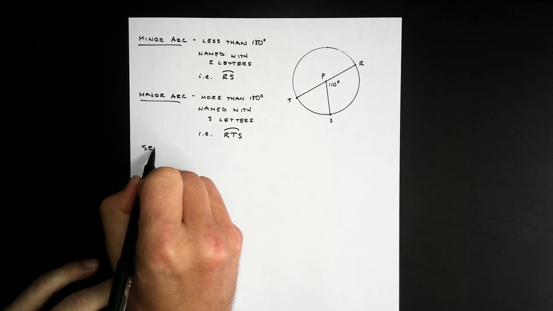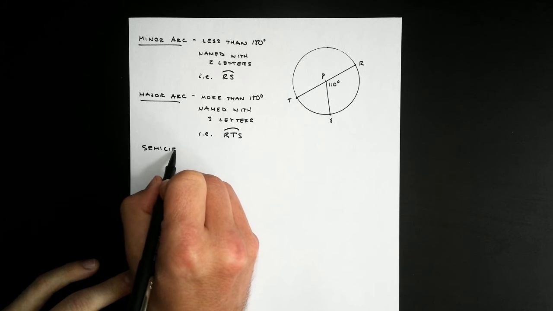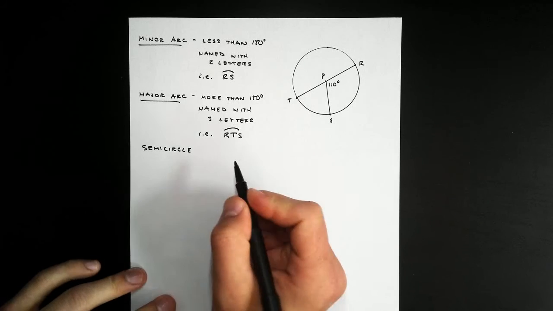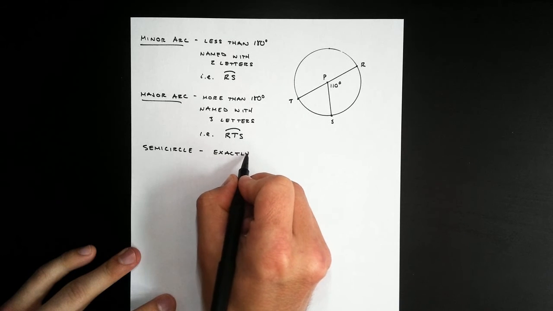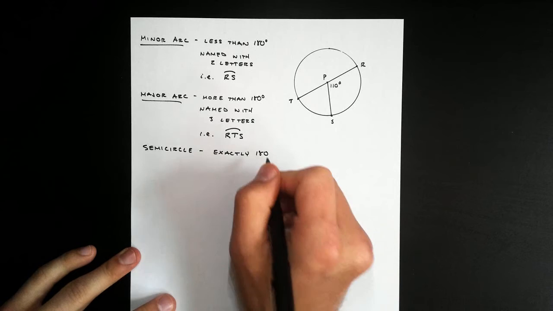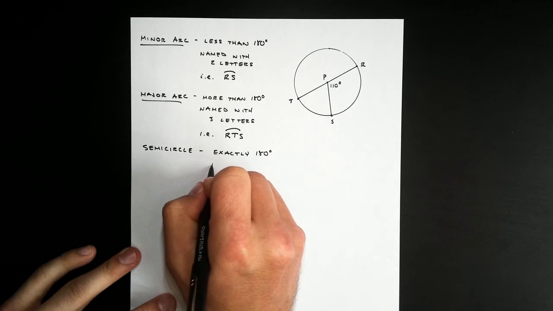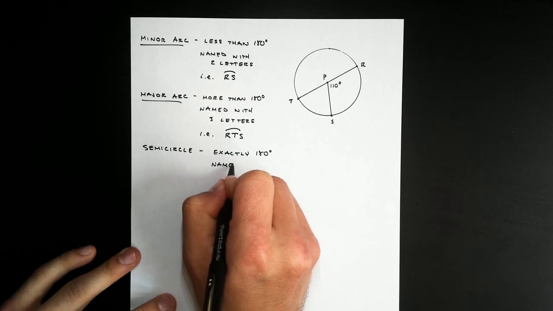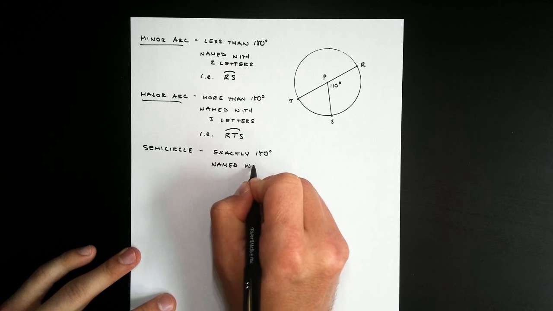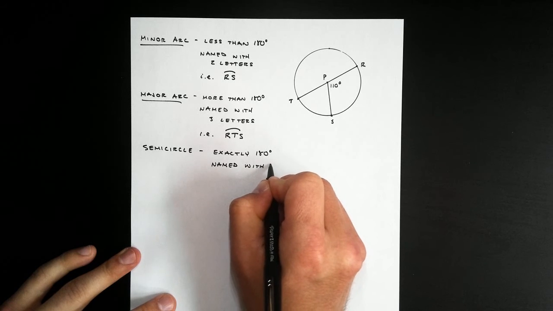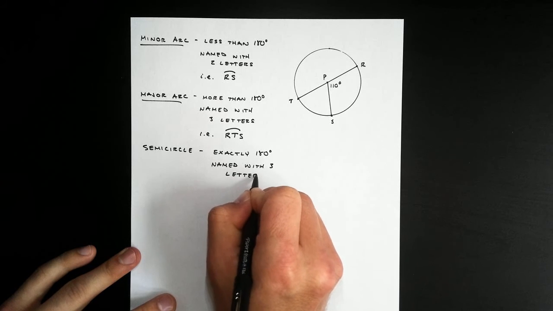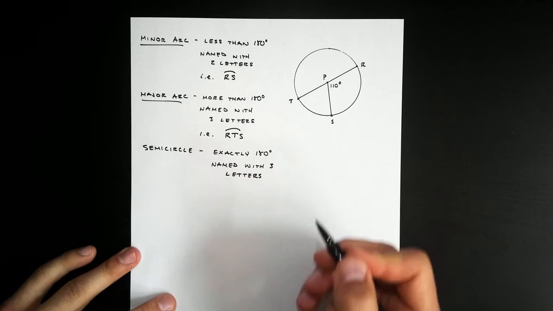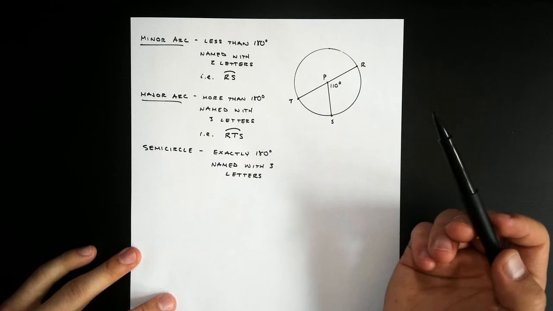And then just one little side note here, we also do have a semicircle, which is half of a circle. So this is exactly 180 degrees. And we also name this with 3 letters, if possible. Sometimes you just draw in a diameter, so you only have 2 letters or 2 points on your circle.